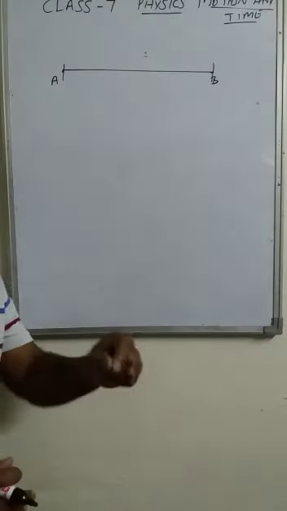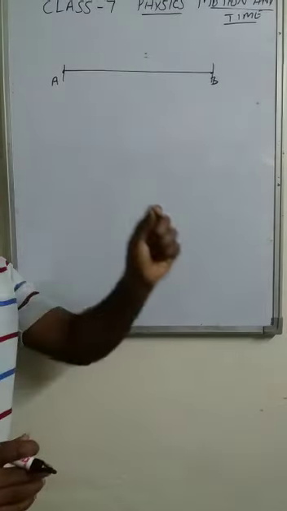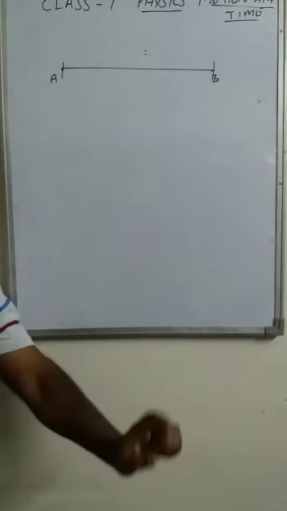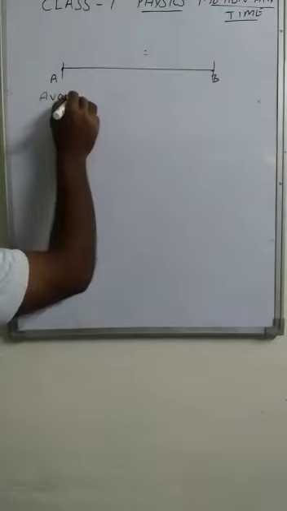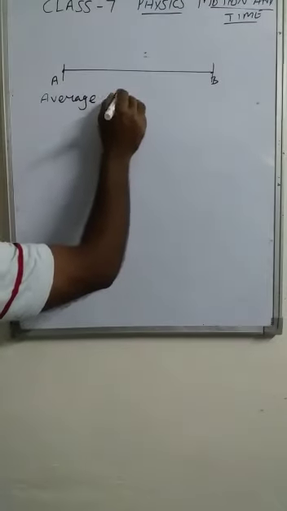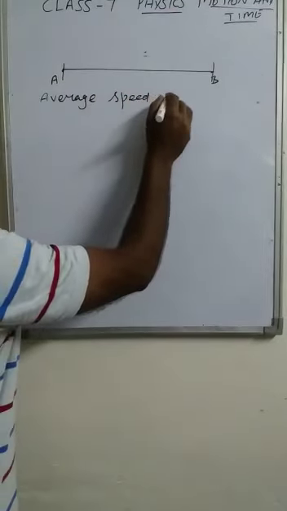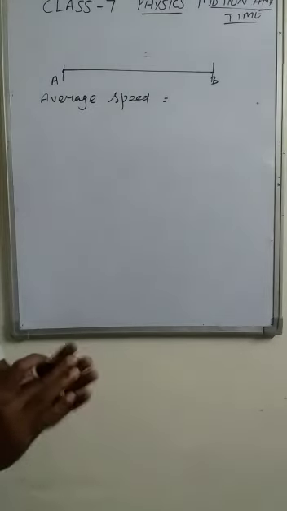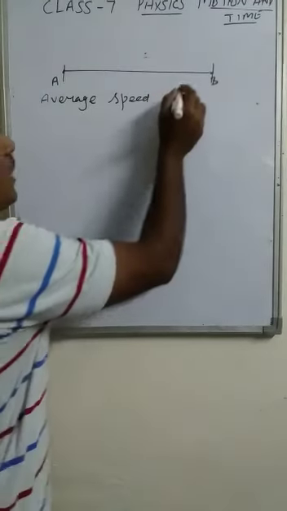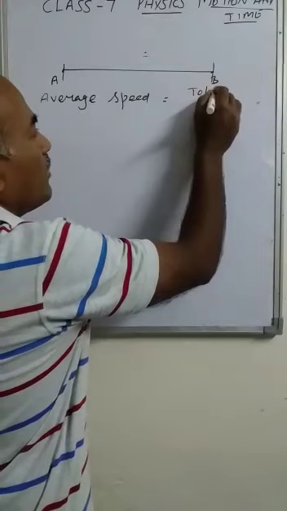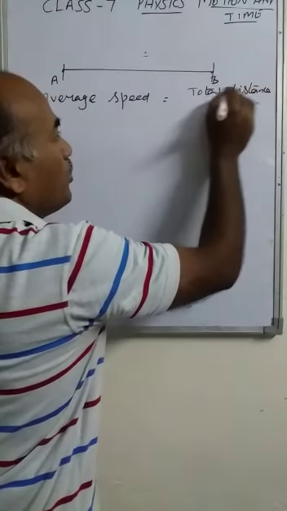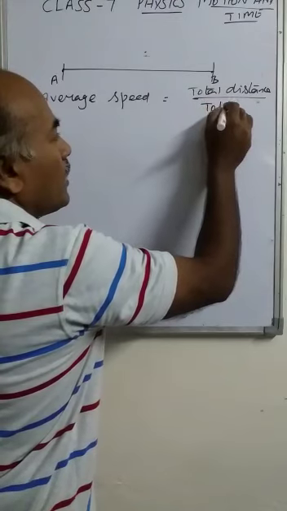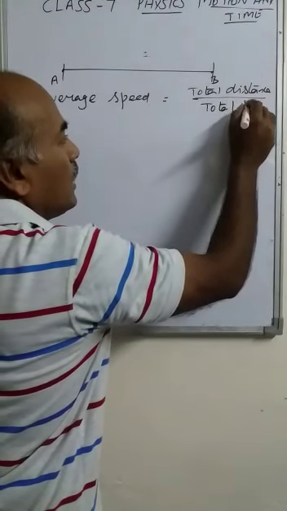That speed is actually the average speed. Average speed is equal to the ratio of total distance traveled upon total time.